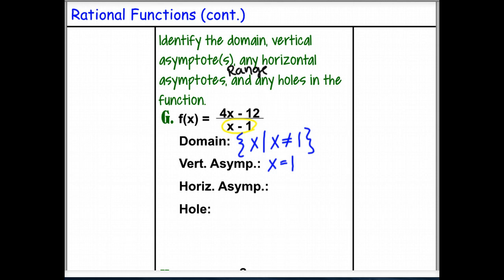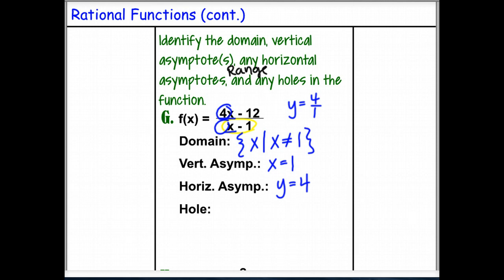Now, horizontal asymptotes, I see that my values are equal for the degree. So that means that y is going to equal my coefficients, which is 4 over 1. So therefore, y equals 4 is my horizontal asymptote.